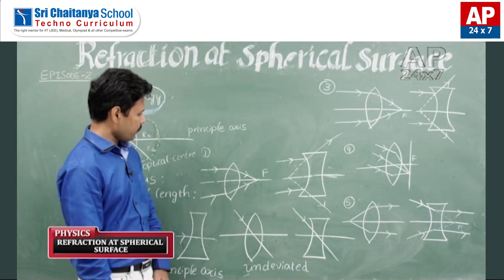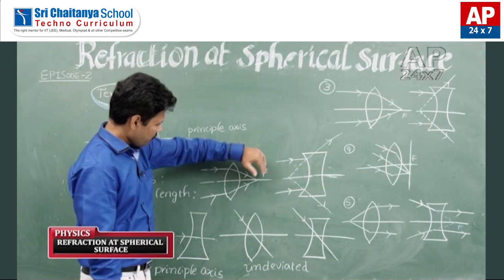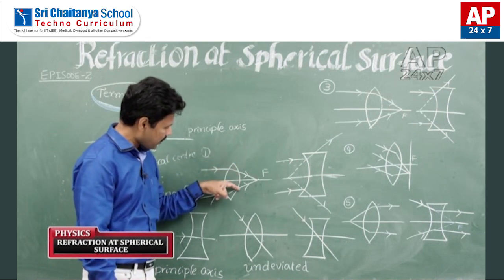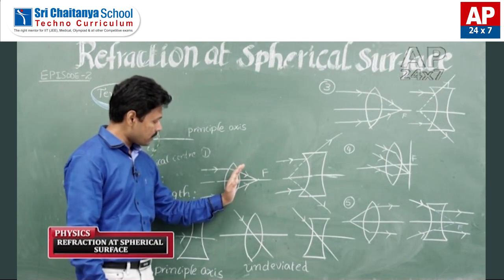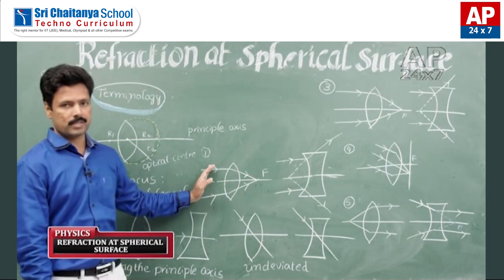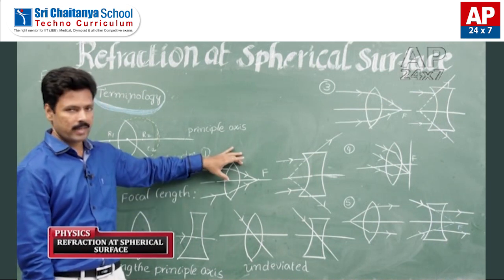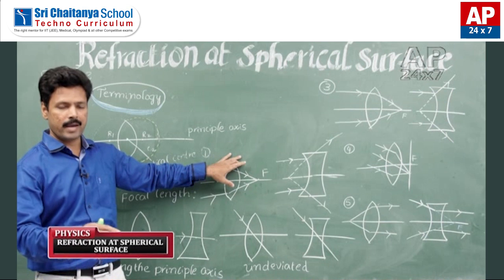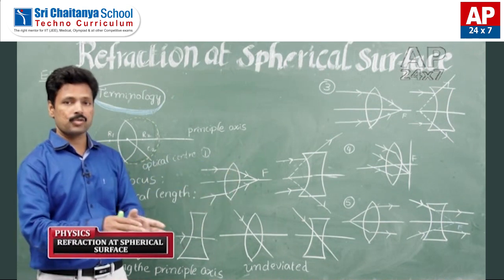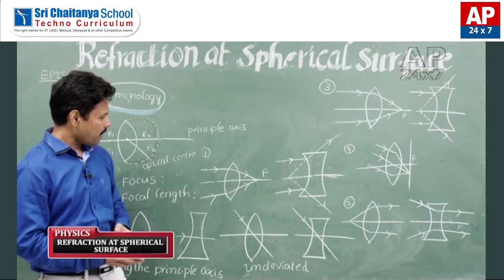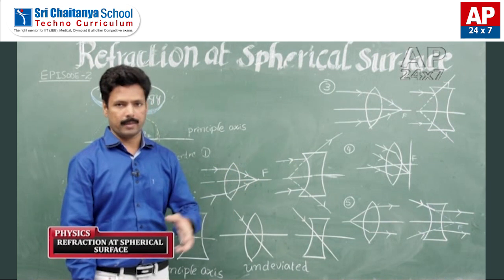In this diagram, if light rays fall on this surface, coming from the right side, they will converge on the left side. That means a biconvex lens or a biconcave lens has one focus on each side, right? And the distance of that focus from the optical center is called the focal length.